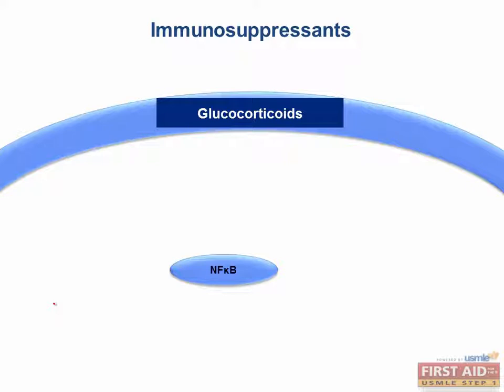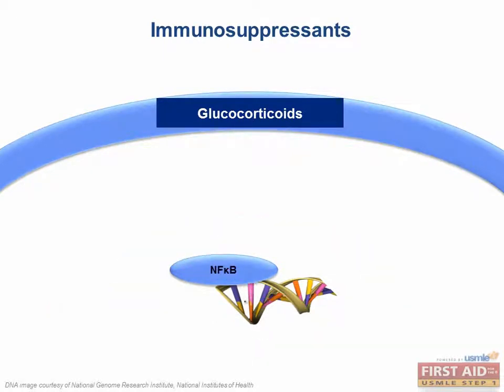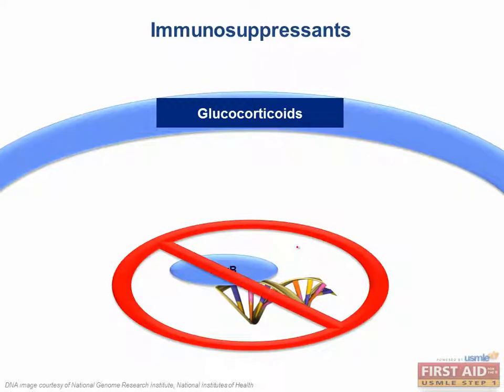That is like the ultimate on switch for immune cells, and that's what glucocorticoids inhibit. It's the final nuclear transcription factor for all types of stimulatory cytokines. So if we inhibit that, we inhibit all of immune cells. That's why it's so important and so commonly used in the hospital.